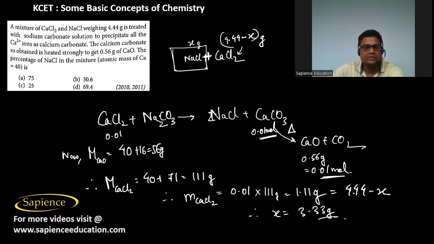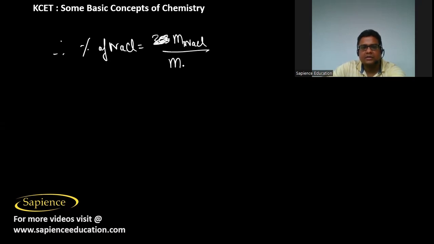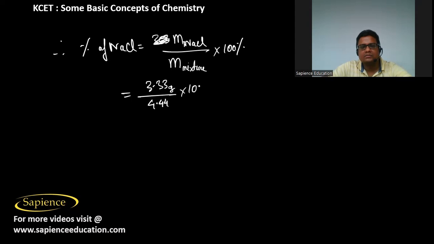Now here it is asked to find the percentage of NaCl in the mixture. Percentage of NaCl present is the mass of NaCl present in the mixture divided by the total mass of the mixture, into 100%. So that will be 3.33 gram divided by 4.44 gram into 100%.